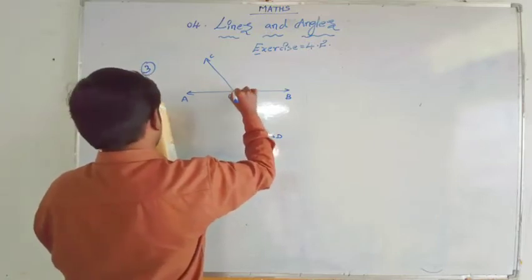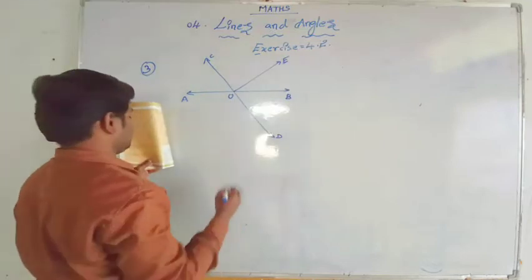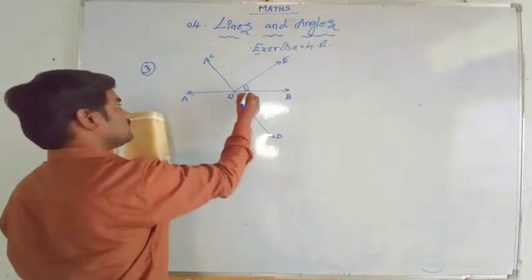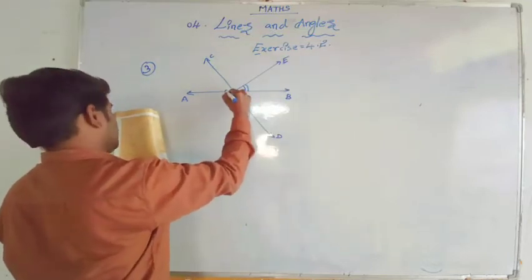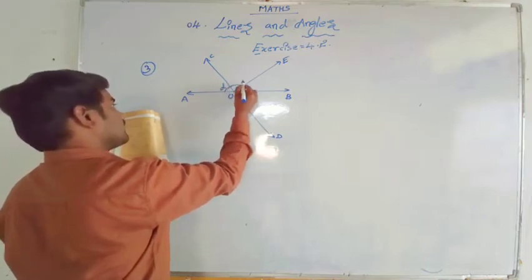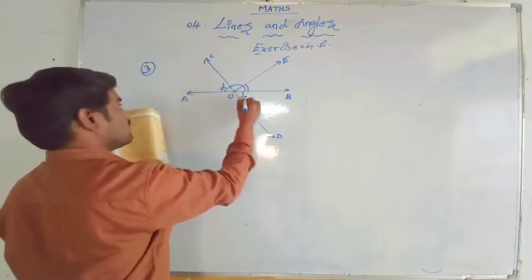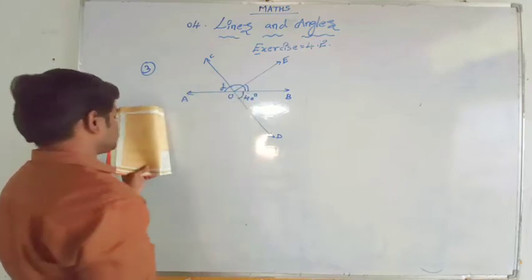They are intersecting each other at O, and OE is a ray actually. So let us see what is happening. Here it is D, and this will be 40 degrees.